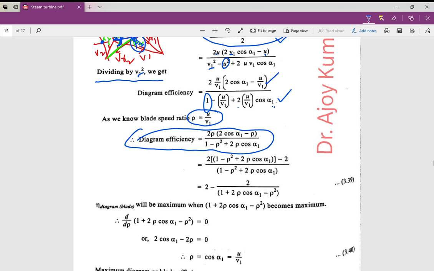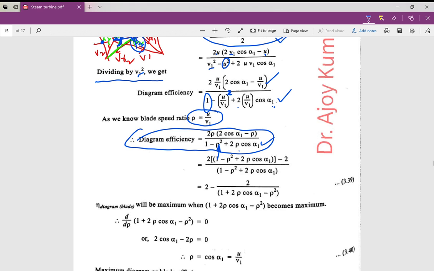Here there is a missing u upon v1, this is a square. This is u square in the denominator part, so here also it will come as u upon v1 square. So henceforth it comes as rho square, 2 rho cos alpha 1.